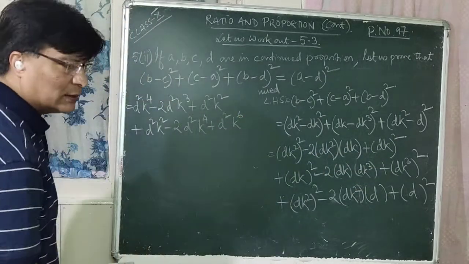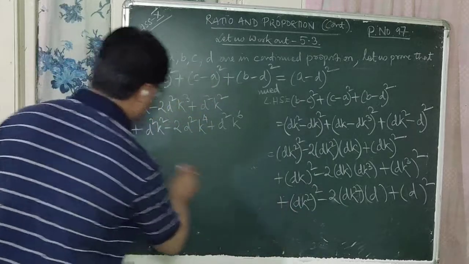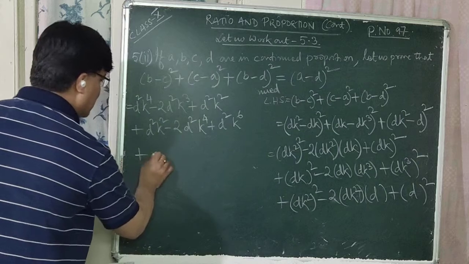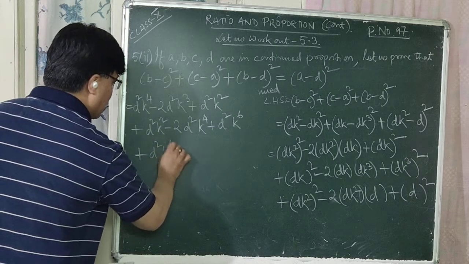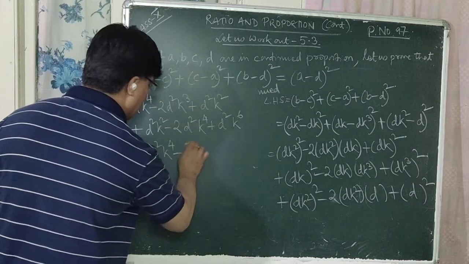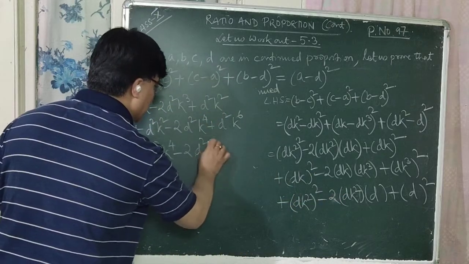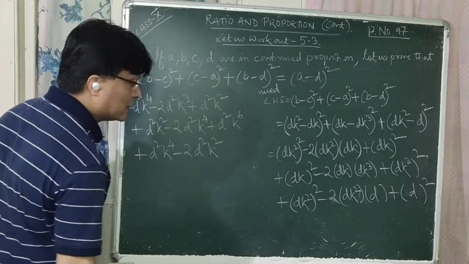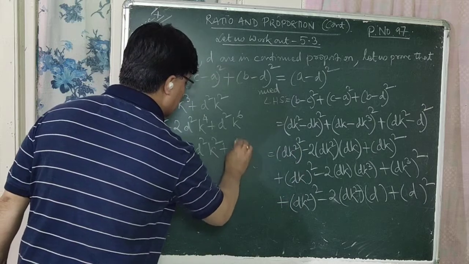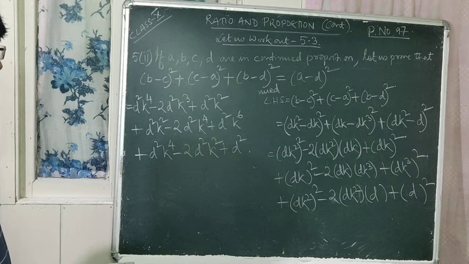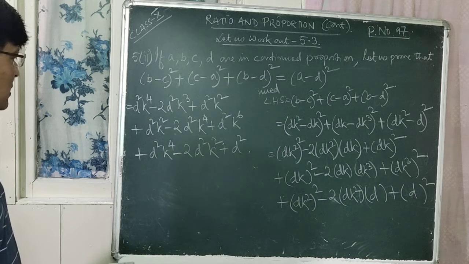Is that clear? Next one, plus this square is for both d as well as k², d²k⁴. Next, minus 2 into, again d into d, d², and this is k², right? Then plus, what is the last term? That is your d². So we got this result, right?